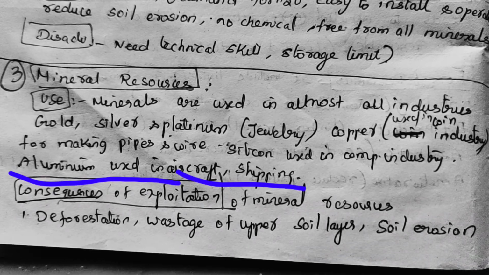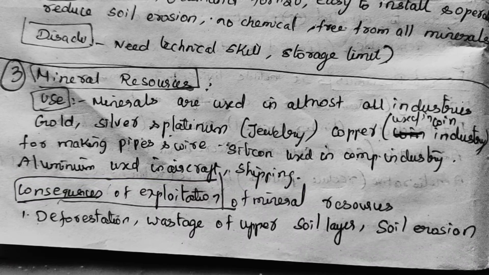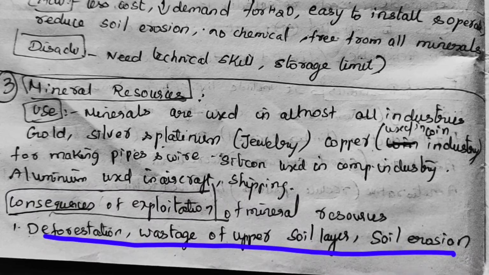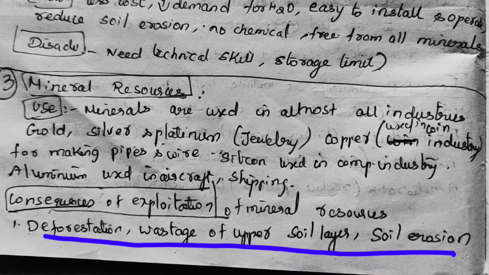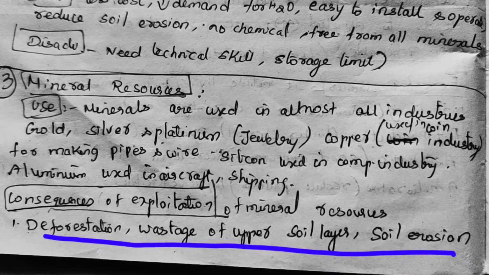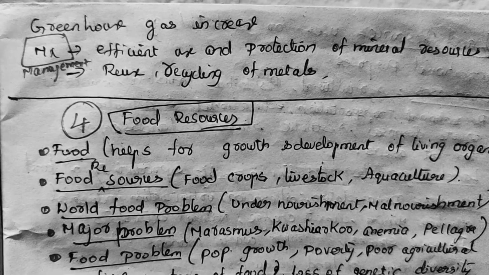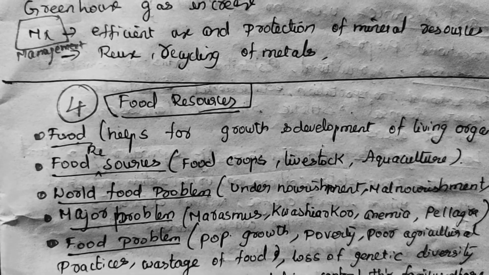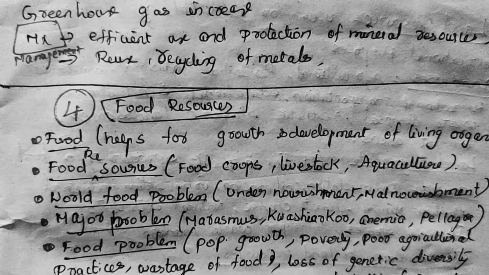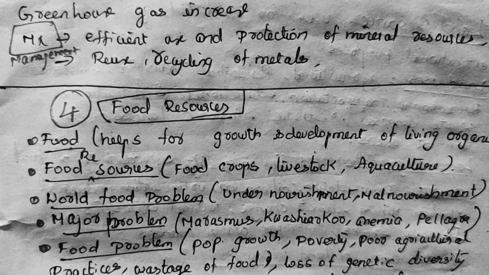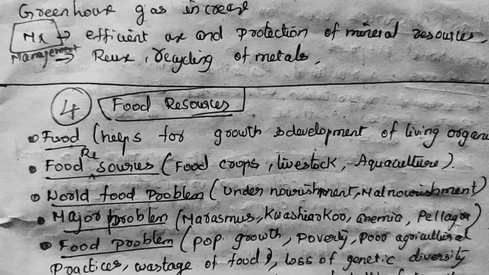And what are the consequences of exploitation of mineral resources? The first one is deforestation, wastage of the upper soil layer, and soil erosion. Greenhouse gases will be increasing. And how will you manage it? Efficient use and protection of mineral resources, and then reuse and recycling of metals.